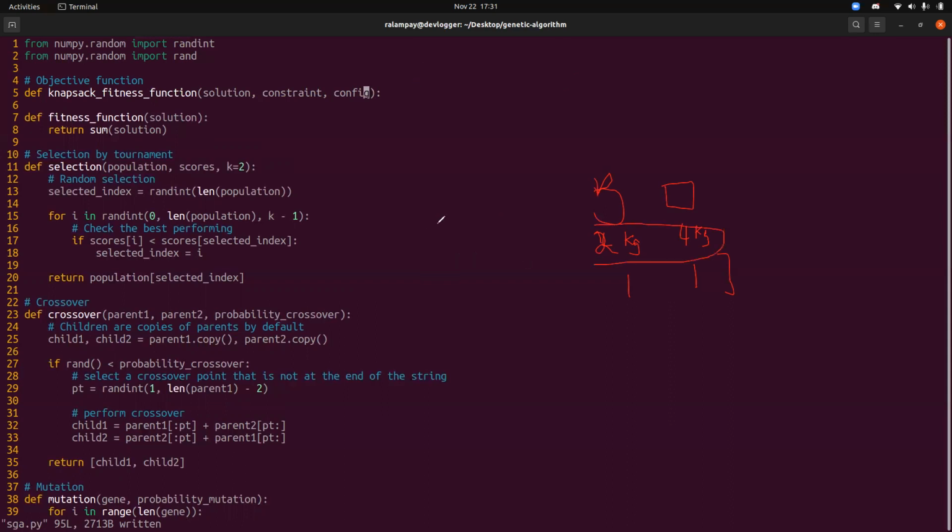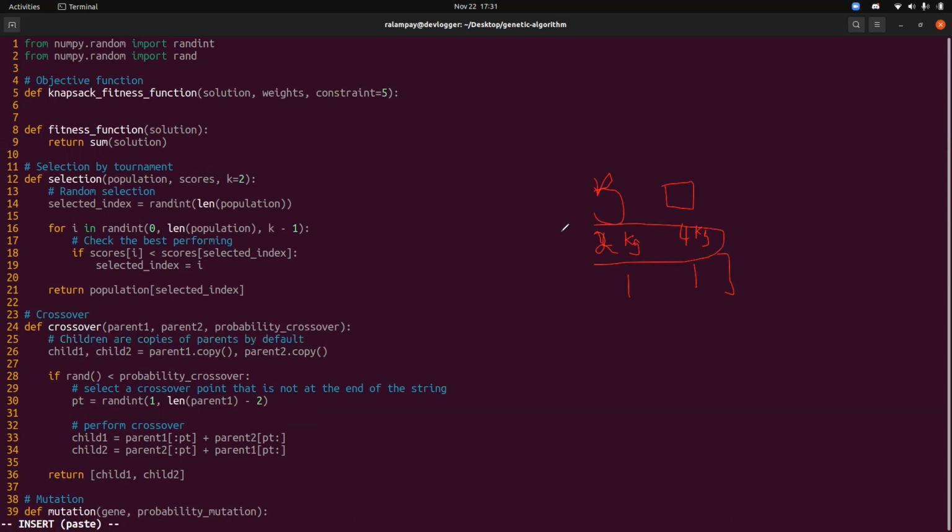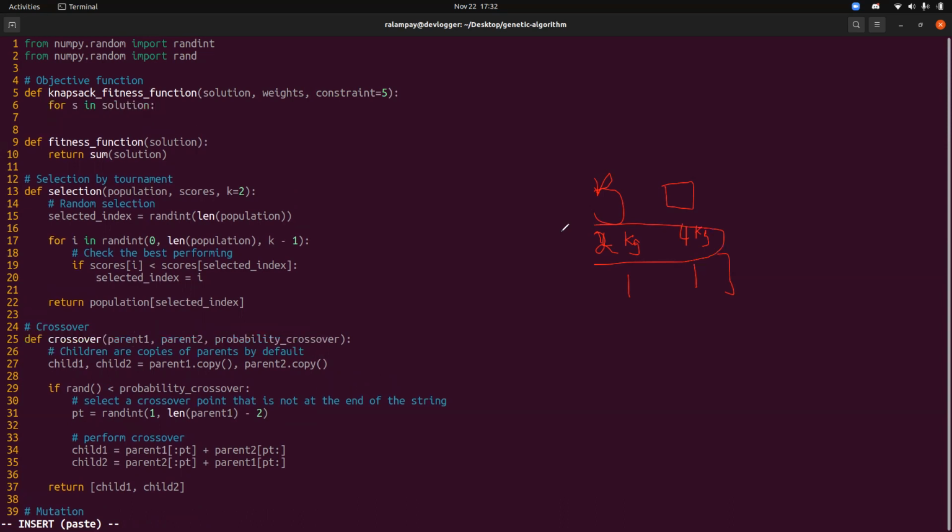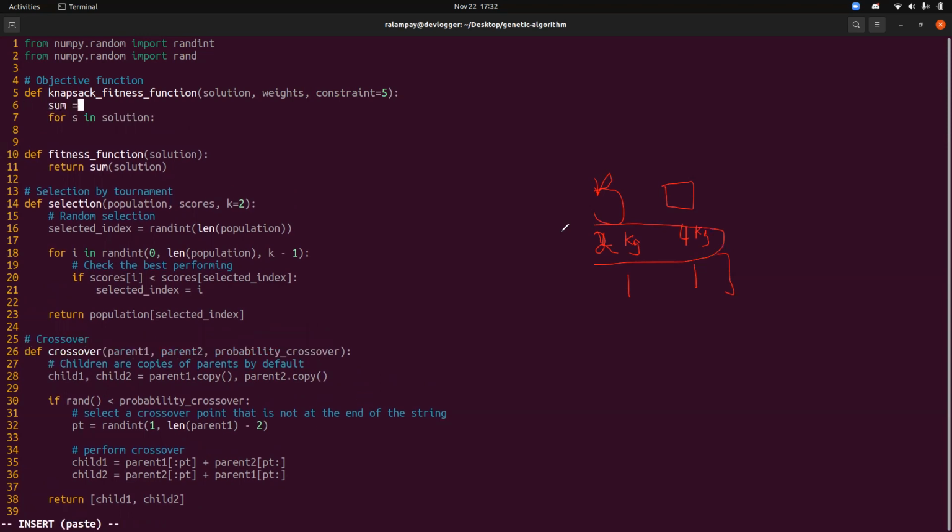The idea there is the config will be this part, the weights. So that given some solution, we can multiply it to the config, or para lang mas readable, we can say weights, tapos yung constraint natin. The default of the constraint is, let's say, 5. So what we could probably do is, for each element in the solution, we want to get the sum of it all.